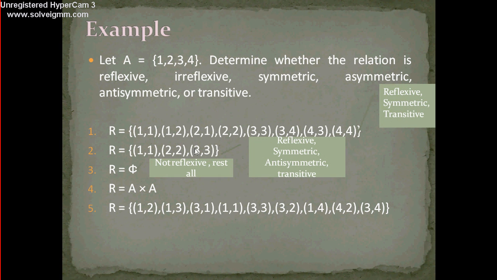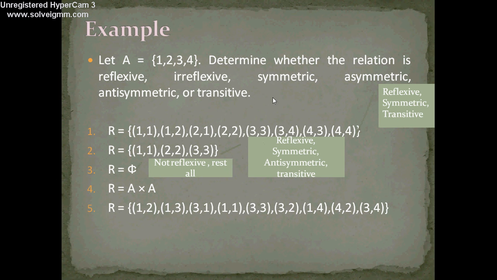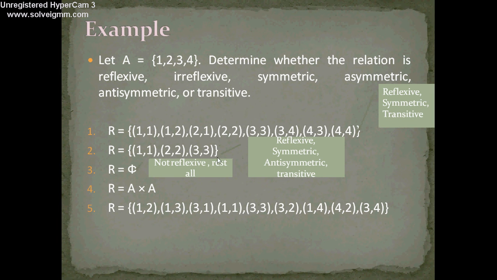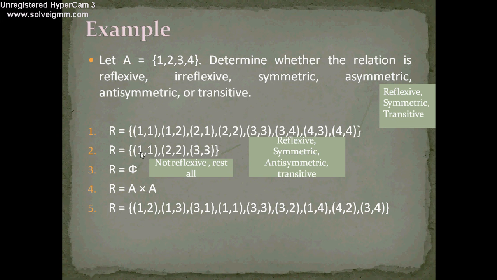Here you can see that it is not reflexive. Sorry, there is a mistake here. It is not reflexive because the (4,4) ordered pair is not present here. And it is symmetric. It is also antisymmetric because in (1,1) both the elements are equal, and also it is transitive.